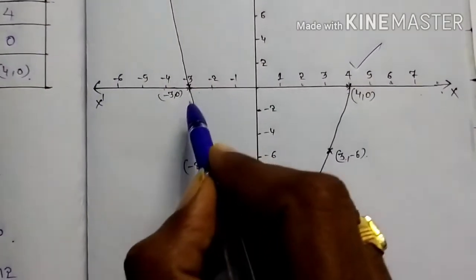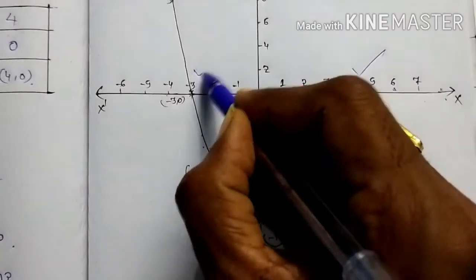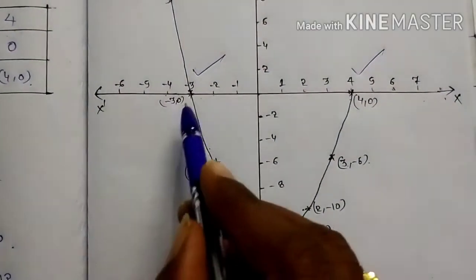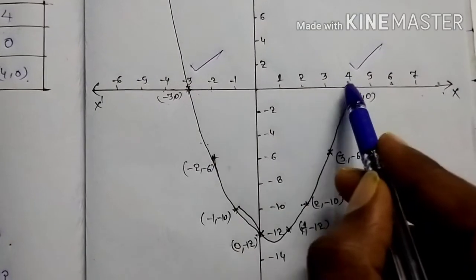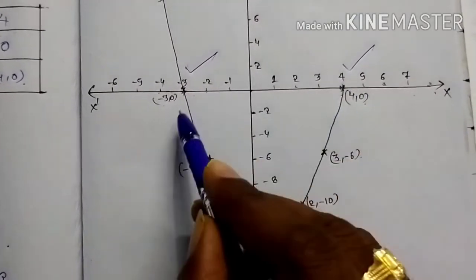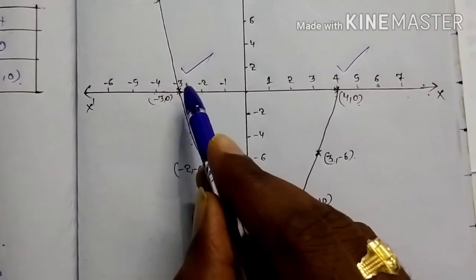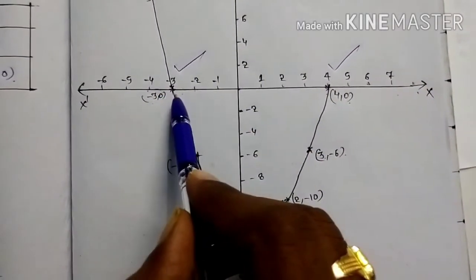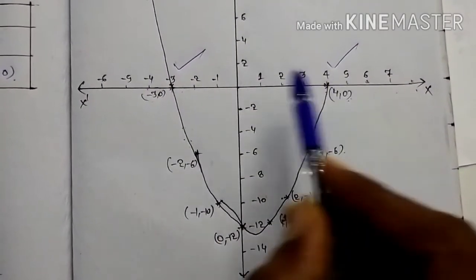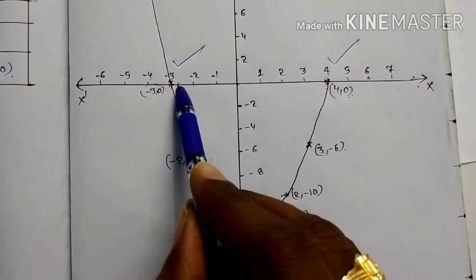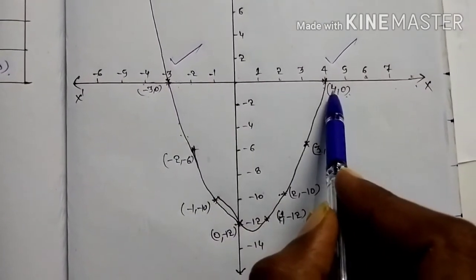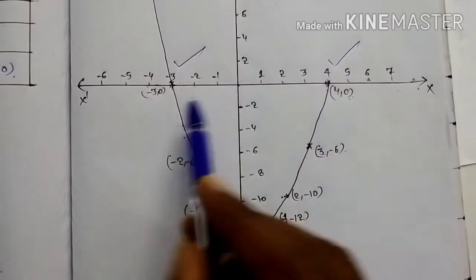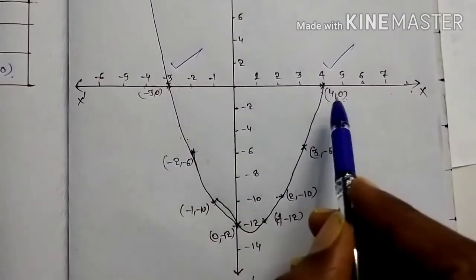Yes. And also at minus 3 comma 0, it is intersecting or not? Yes or no? At minus 3 comma 0 and 4 comma 0, the graph intersects. That means it cuts the x-axis. So these 2 points are called the zeros of the given polynomial. That means minus 3 comma 0 and 4 comma 0.